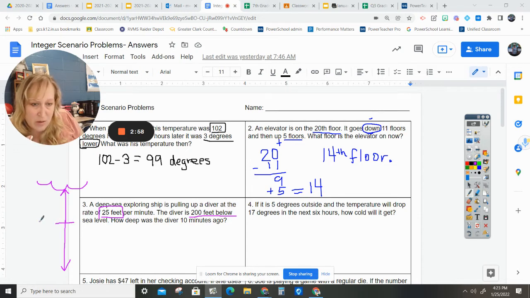So right now, he's at 200 feet below sea level, correct? But he's been being pulled up for 10 minutes. So 1 minute ago, he was lower by 25, right? And that has to happen for 10 minutes.